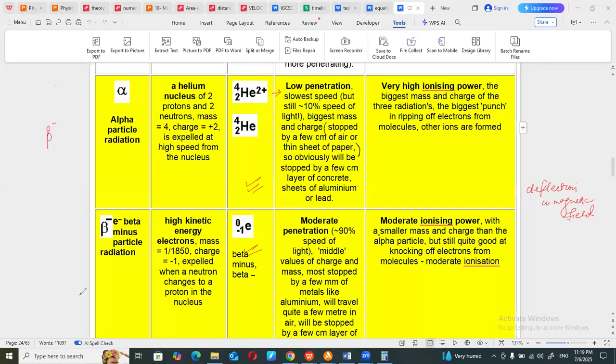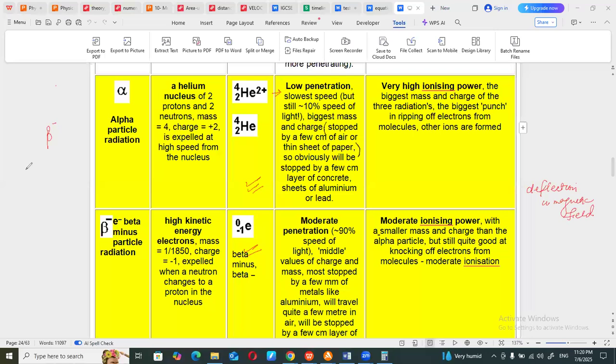It means that it has a negative charge. And these are the fast moving electrons, which actually come out when a neutron changes into a proton. Remember that. Their symbol is e, an electron having negative charge, plus they have 0 nucleon number.